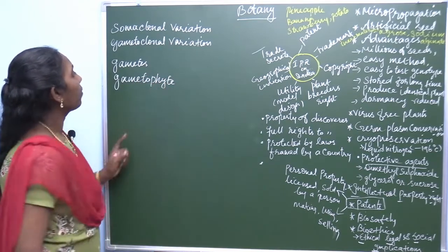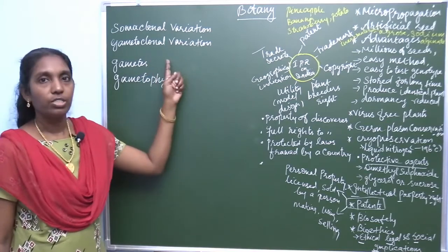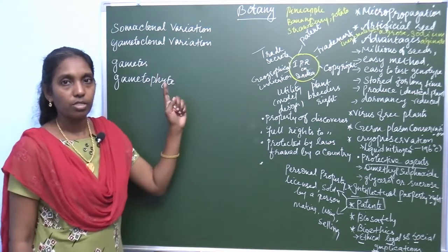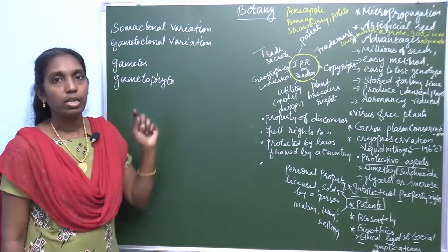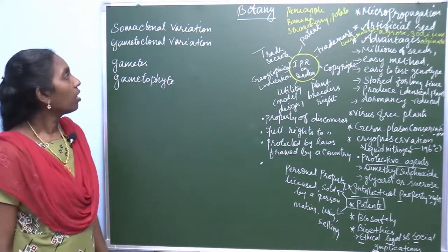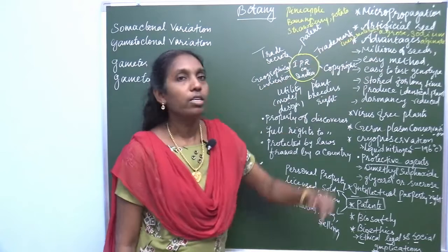These two definitions you learn first. Today's first question is to define somaclonal variation, and the second question is gametoclonal variations. Then let's start the 3-mark questions.